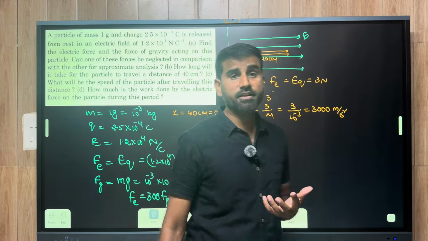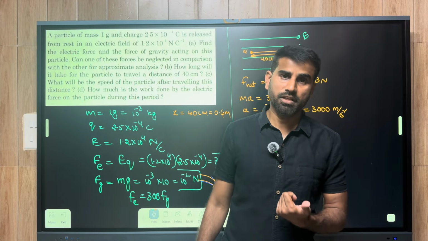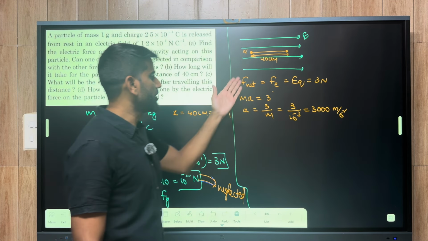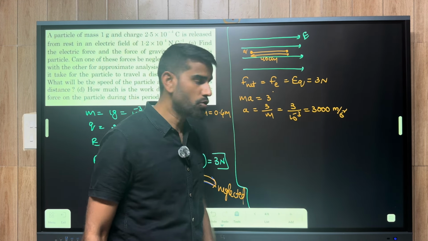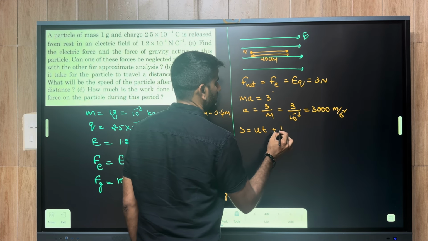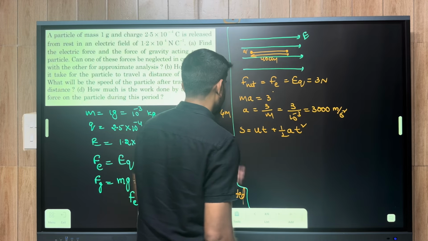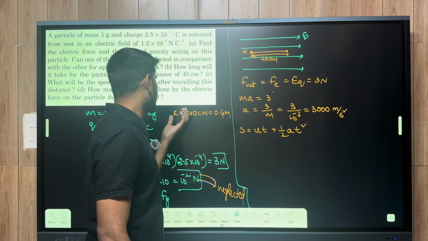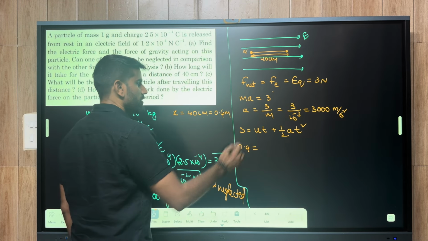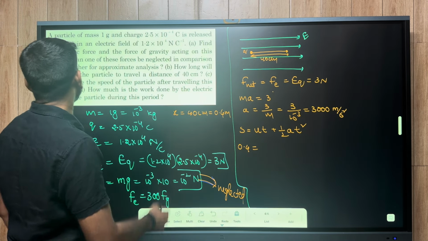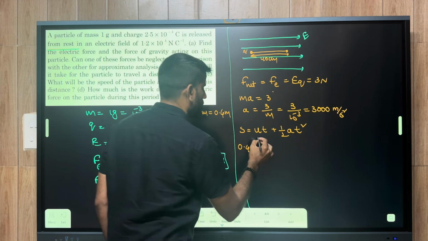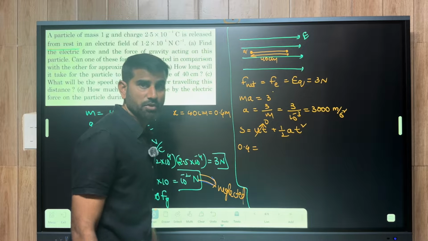For a uniformly accelerated particle, we can make use of kinematic equations, right? So as we are asked to find the time taken, and the displacement and acceleration are known, we need to use s is equal to ut plus half a t square. s is nothing but the displacement. As we have the displacement here, 0.4, I'm using that 0.4 here. Initial velocity of the charged particle: the charged particle is released from rest, so I'm going to take this off.